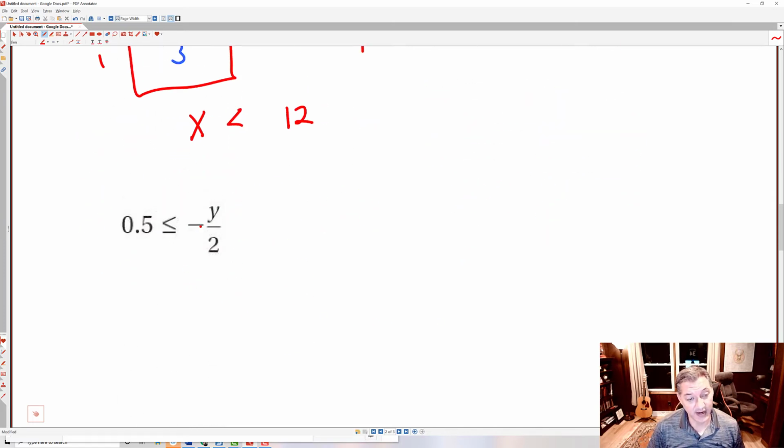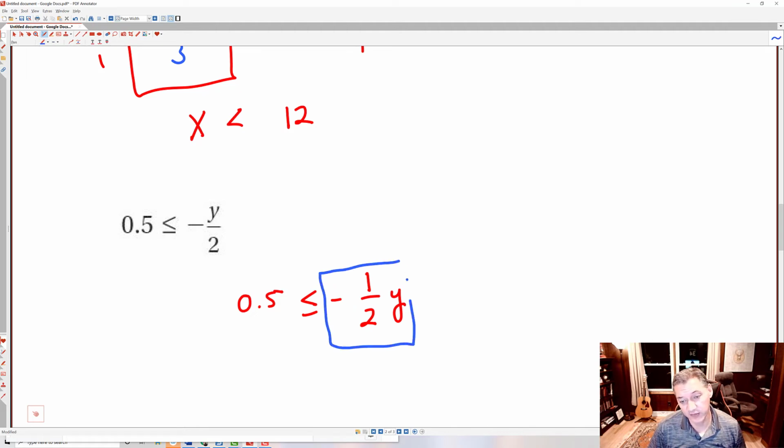For this one here, it's a negative coefficient on the other side. That's why they're doing this. So 0.5 is less than or equal to 1 over 2 y. I'm going to box the coefficient just like I've been doing every other time. And I'm going to multiply by negative 2 over 1. And since you're multiplying by a negative, the sign will flip. So it's going to go like this, boom.